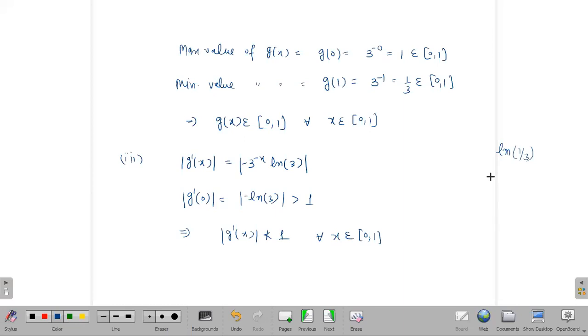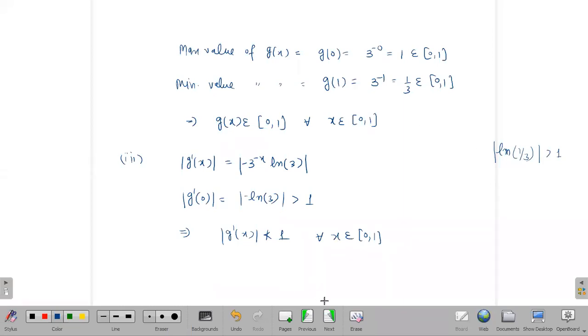Student: No ma'am, it is greater than 1. Its modulus is greater than 1. Teacher: Its value is 1.098. Yes, it will always be greater than 1, because it is a natural log, not a simple log, not base 10.